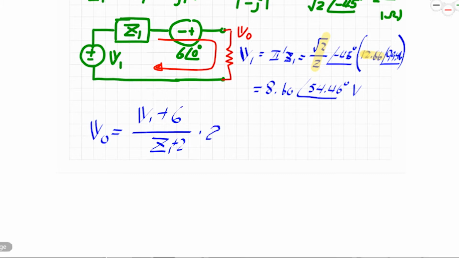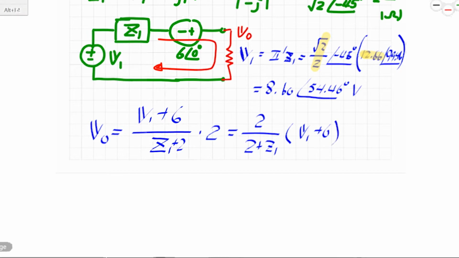So you probably recognize that just by VDT, right? VDT is equal to the impedance of the resistor, which is 2, divided by 2 plus Z1, multiplied by the total voltage, which is just V1 plus 6.